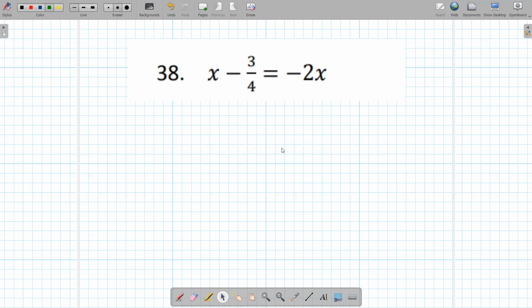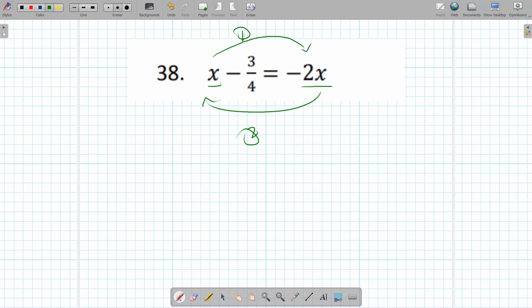Do you have to move something? Could you add x to the other side? So you want to move this to here or this to here? Option 1.